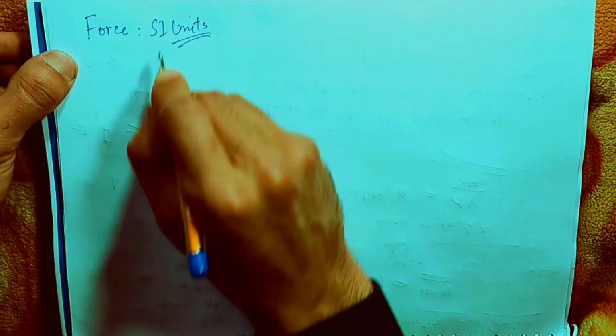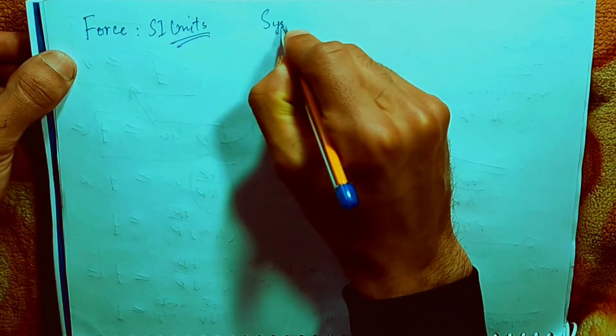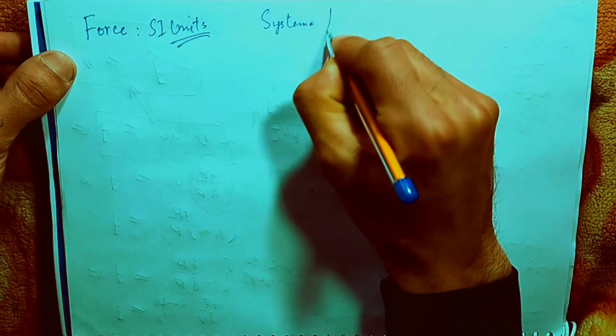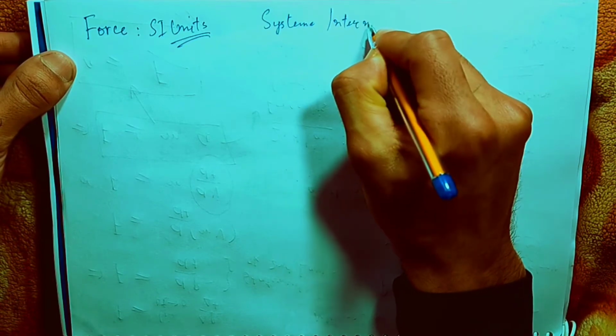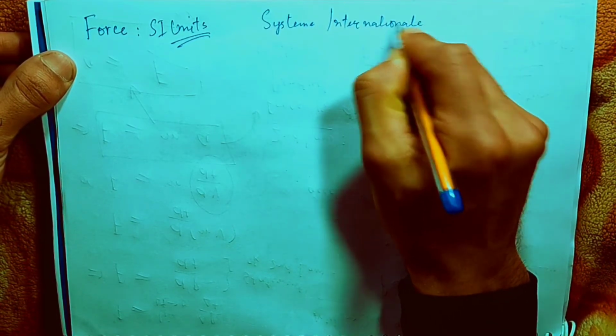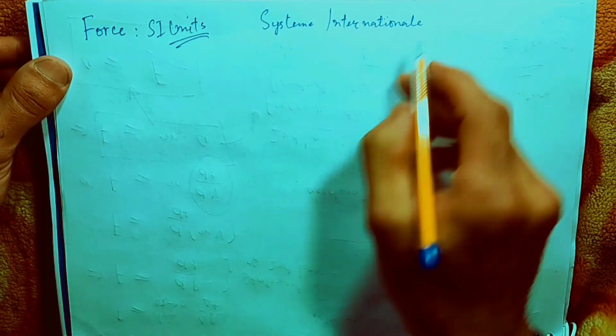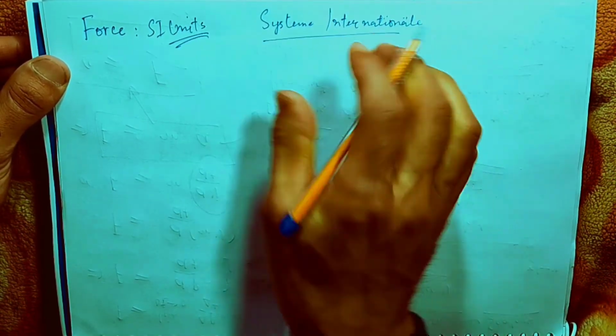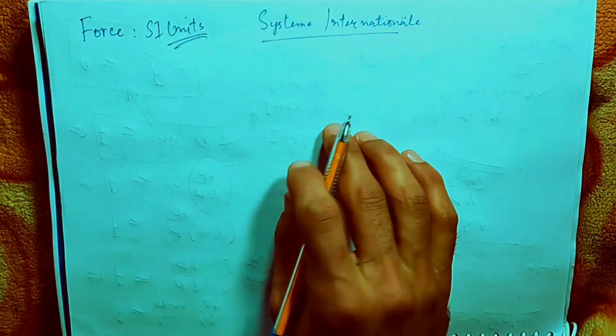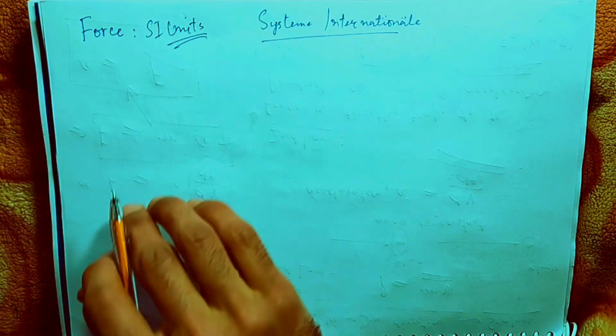SI means System International, that is, the international system of units, or international system of quantities nowadays.